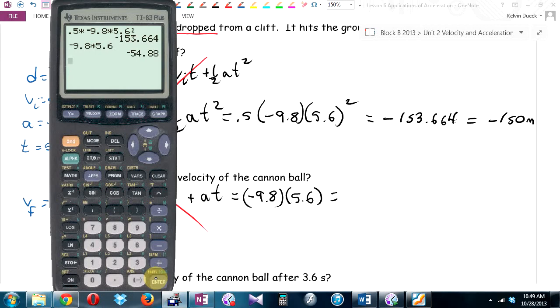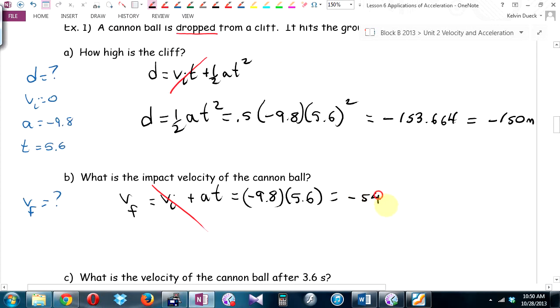It's telling me the velocity is downwards, okay? Later on, we'll actually throw things upwards from a cliff. That would be a positive velocity, and then calculate how long it takes to hit the ground. We can do all that. Then VI isn't 0. We'll launch. Negative 54.88, or to 2 sig figs, negative 55 meters per second.